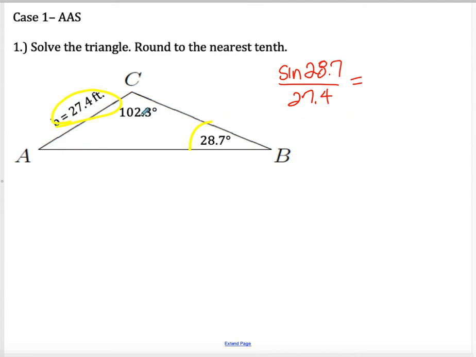Now, the directions here say solve the triangle. So I'm going to solve for side C because I have its angle.